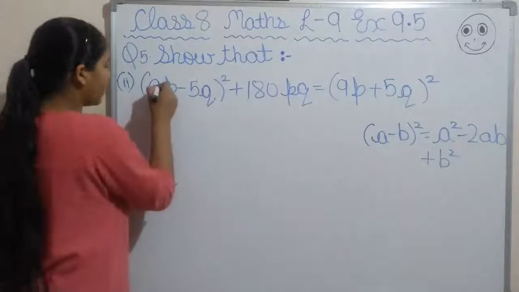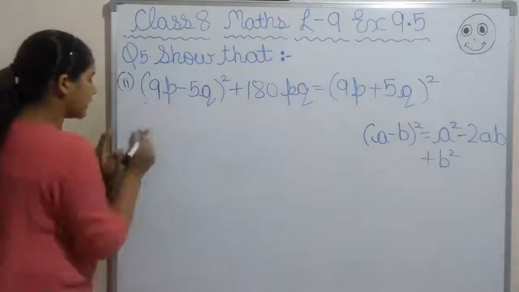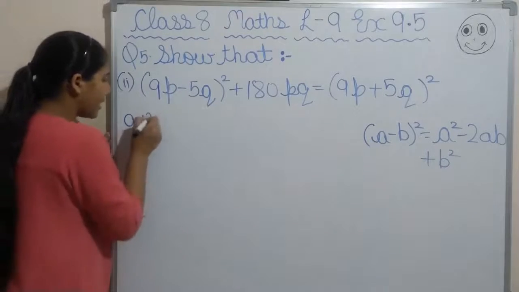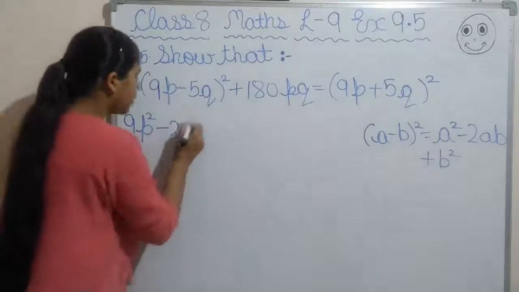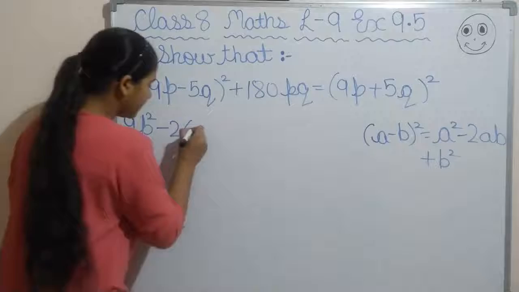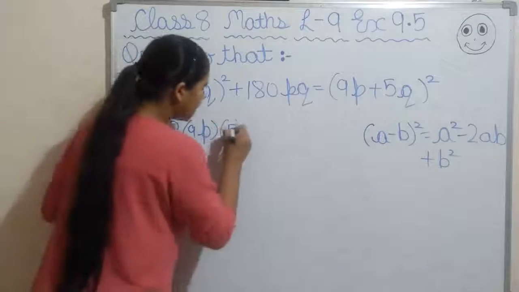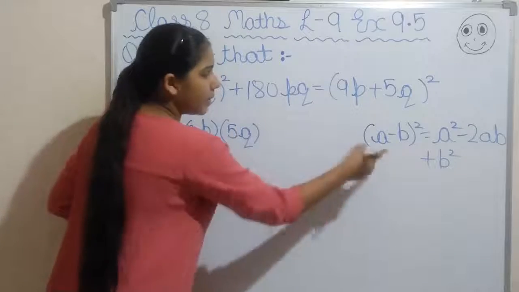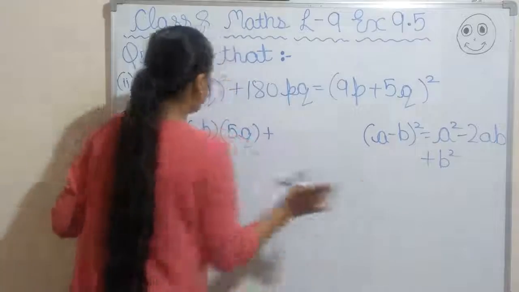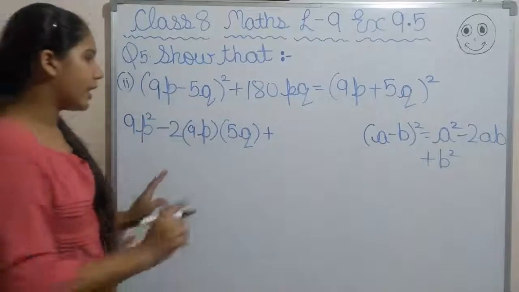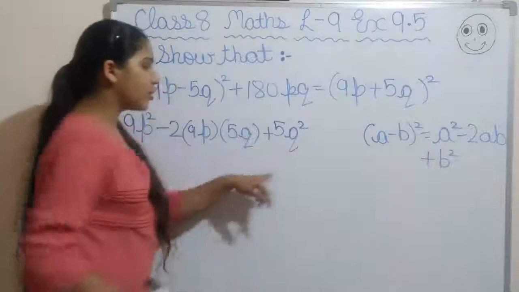Here a is 9p, so a square means 9p square, then minus as it is, 2 into a, which means 9p, into 5q, because it is b, then plus b square, b is 5q, so 5q square, then plus 180pq.